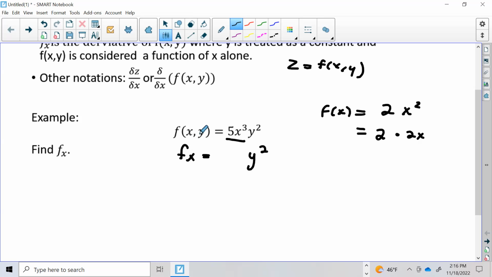So in this case, when we're taking the partial derivative with respect to x, we're going to leave only the 5y squared because those are my constants. And then I'm going to multiply this by the derivative of x cubed, which is 3x squared. I'm just pretending this is a constant, like that's a number and it just stays there. And so when I take that derivative and simplify, I get 5 times 3, which is 15x squared y squared. And this is the partial derivative of f with respect to x.